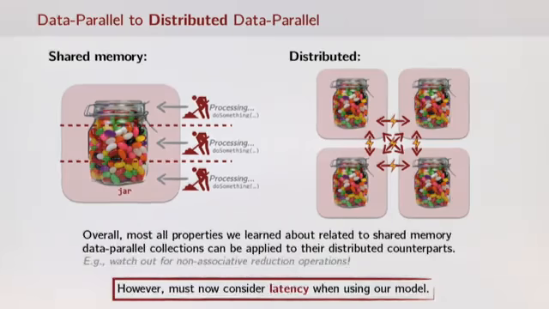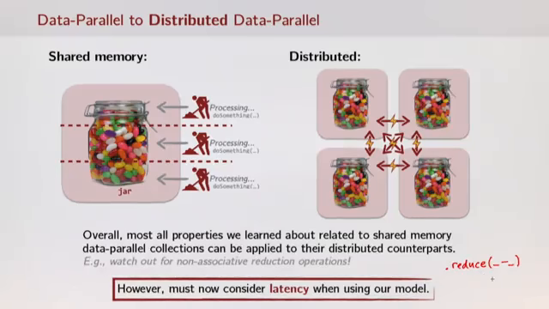So what does this mean? It means that a lot of what we learned in the previous course, in the shared memory data parallelism part of that course, can actually be applied to the distributed counterparts. For example, non-associative reduction operations. Just to remind you what that is, if you had a parallel collection and you did reduce on it, and you subtracted the elements in your reduction operation, that's a non-associative operation.